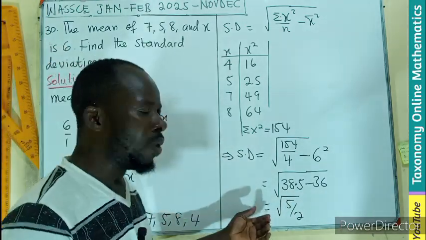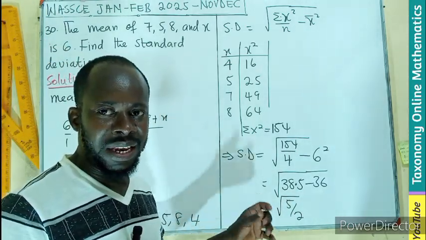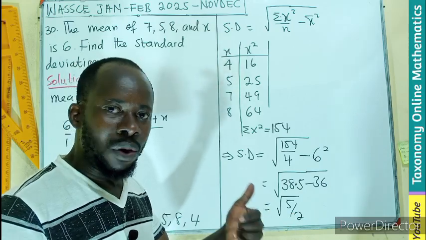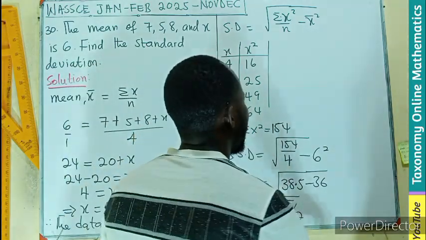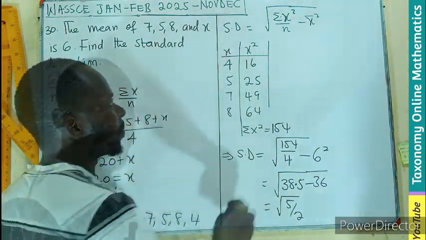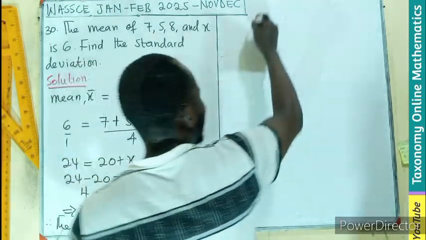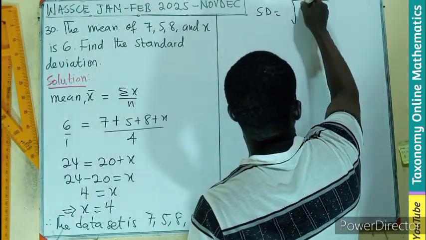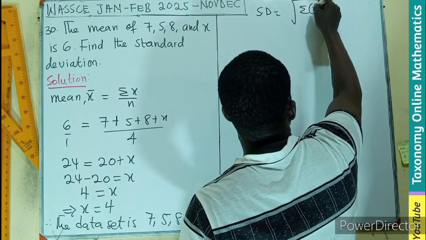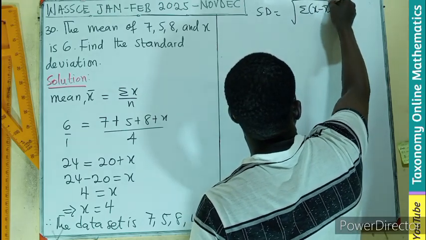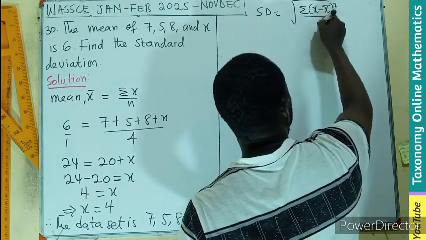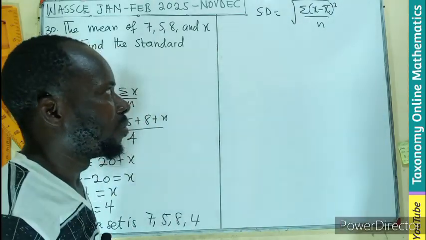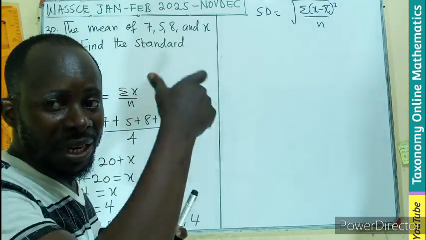Now remember, this is not the only approach in finding the standard deviation. We can also try using the deviation in the mean. We can recall that the standard deviation can also be the root of sigma x minus x bar all square over n. So we are just finding the deviation in each data.